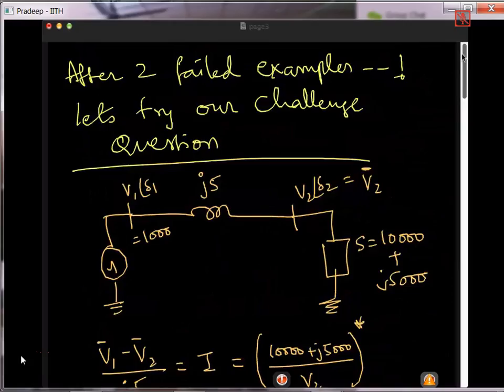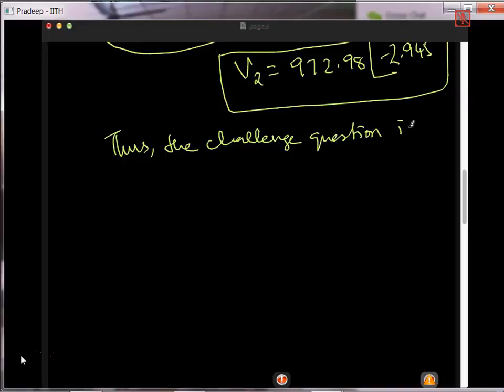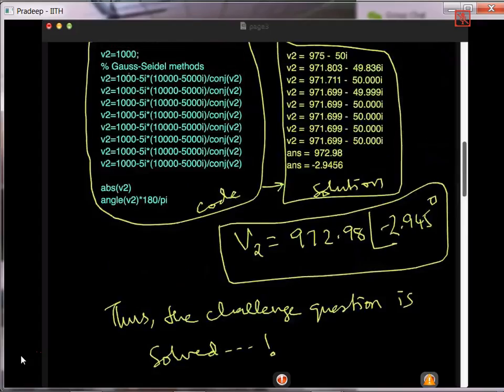So this is a challenge question, and we are able to solve it. Any doubts on how to apply it?